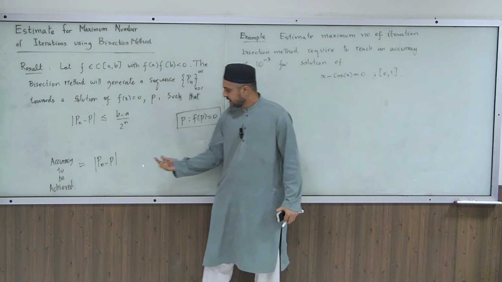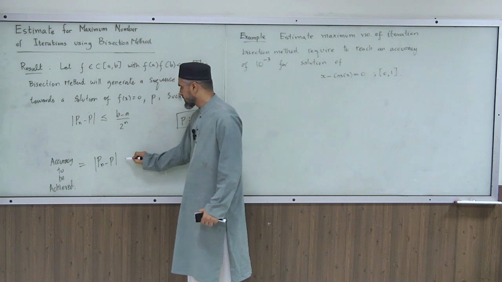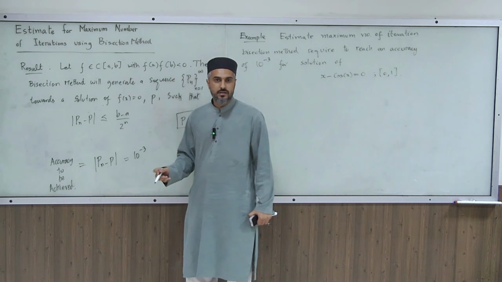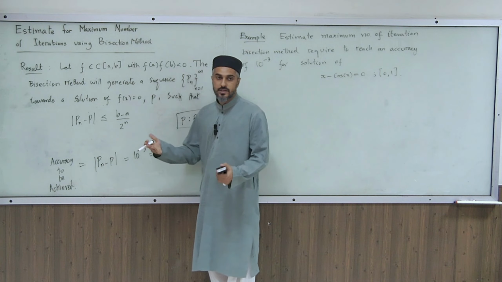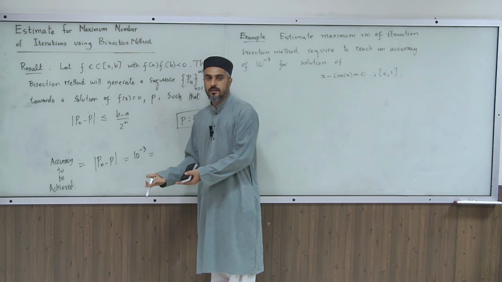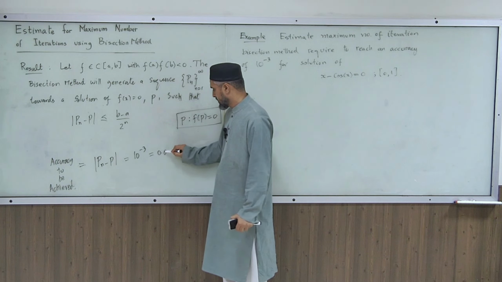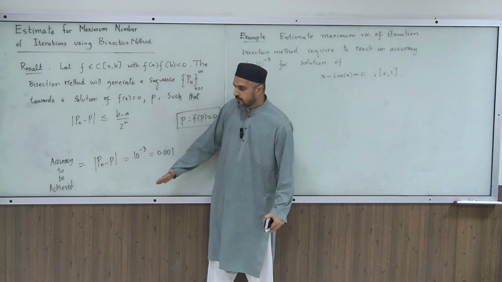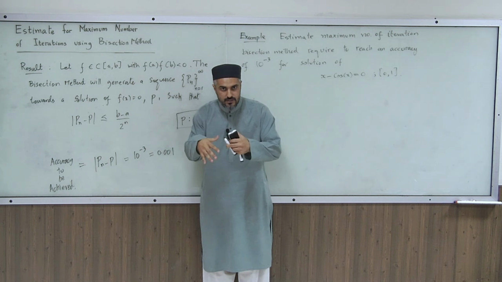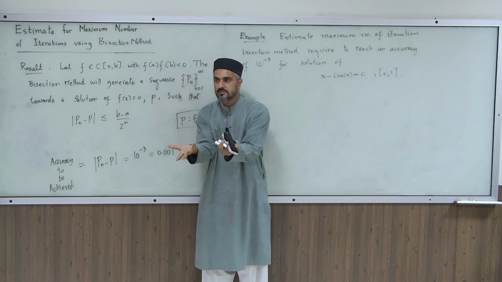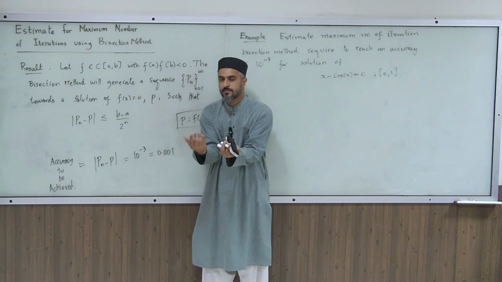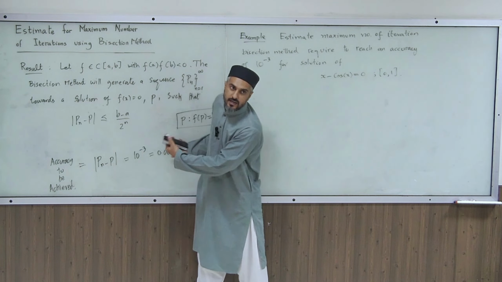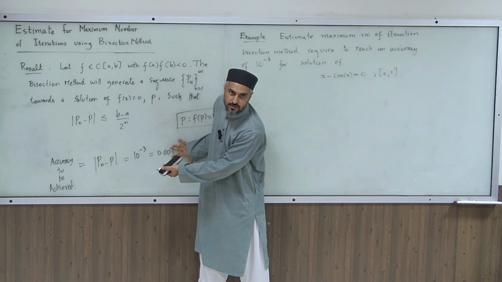For example, if the value is 10 raised to the power minus 3, what does it mean? It means the deviation of p and p_n is this much. So that deviation defines the tolerance or accuracy we wanted to achieve. For example, if I wanted a 0 up to 2 decimal places, this difference will tell me whether I get near to that solution or not.